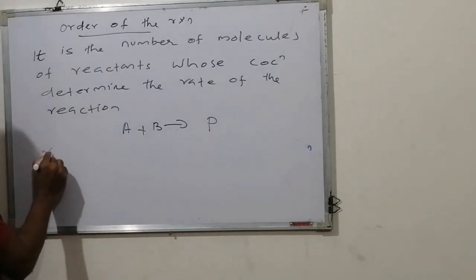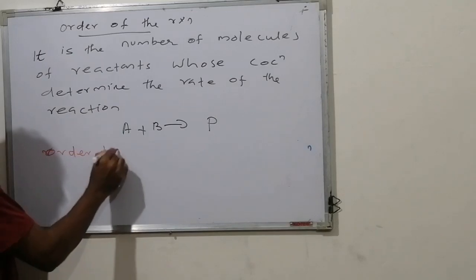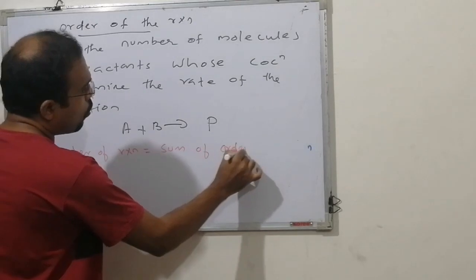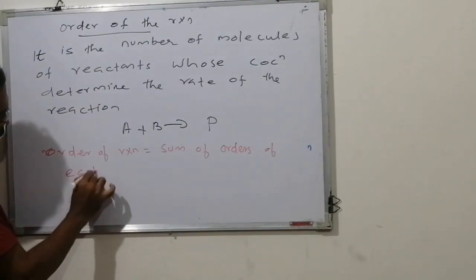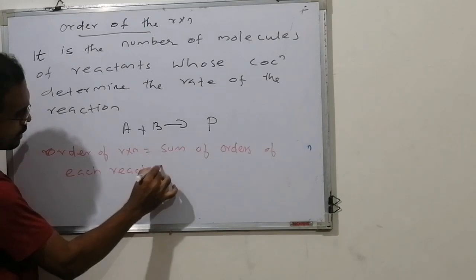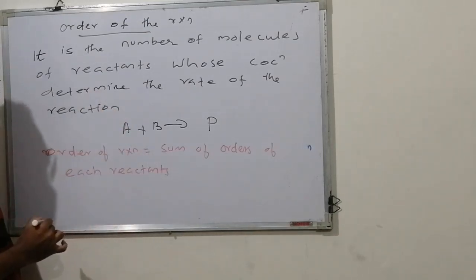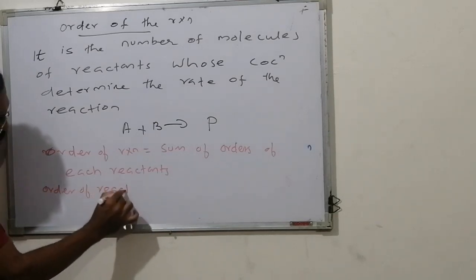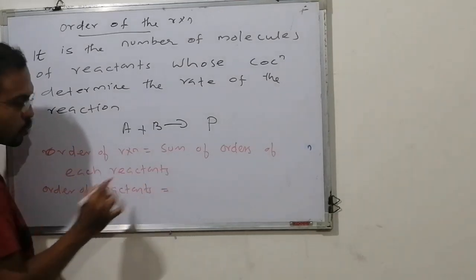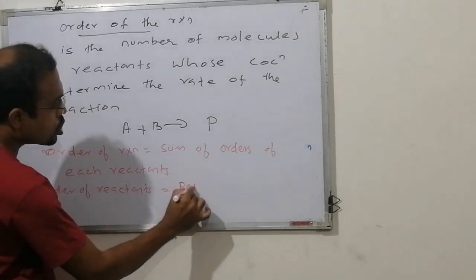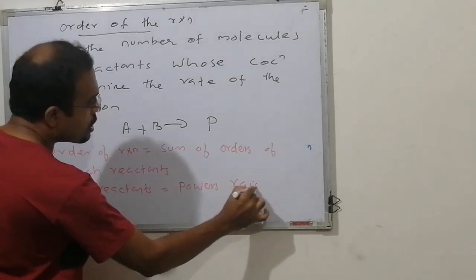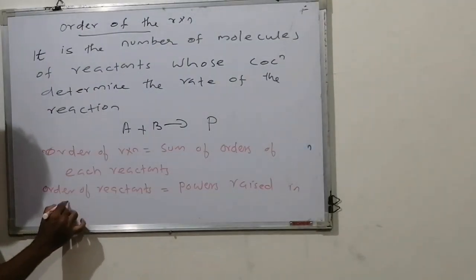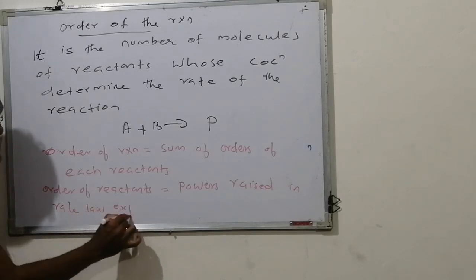Mathematically, order of reaction is equal to the sum of orders of each reactant. Now, what is the order of a reactant? Order of a reactant is the power raised in the rate law expression.